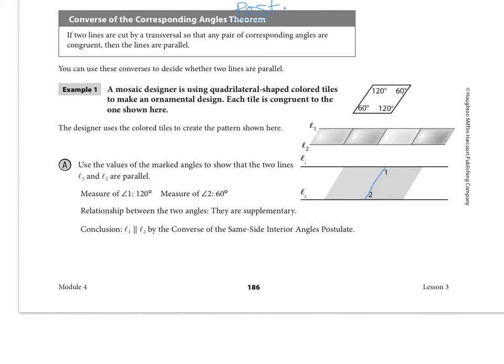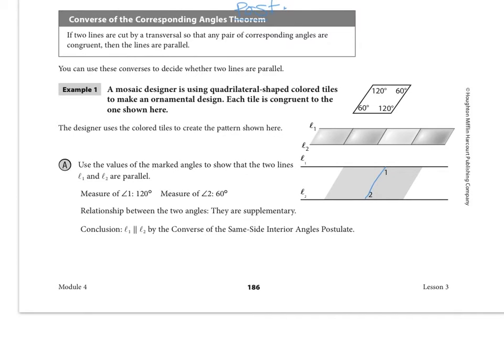And because angle 1 and angle 2 add up to 180 degrees, they are supplementary. And so if I have two supplementary angles that are on the same side of my transversal, and we're considering this blue line like the transversal, then we can assume that the lines are parallel by that converse theorem.